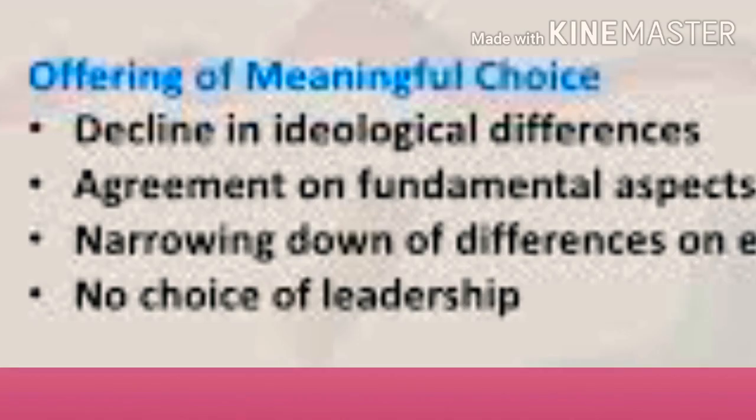So in recent times, most people are not willing to cast their votes, and the number of voters is reducing day by day because of all these problems. This was another great challenge faced by the political parties, by not giving any meaningful choice to the voters.